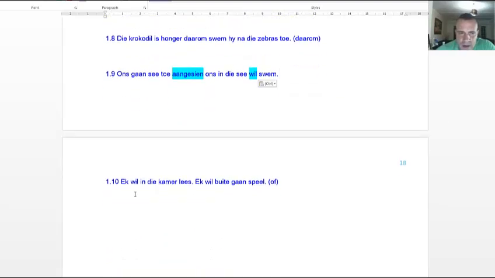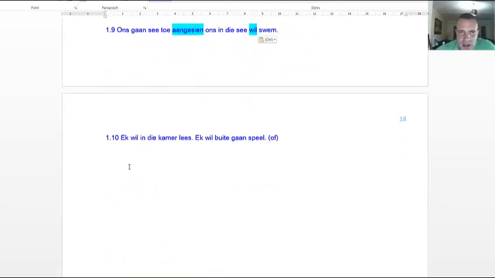Okay? Here's another one of those. Ek wil in die kamer lees. Let's make that sal, another helping verb. Okay? Ek sal buite gaan speel. So you put your off in there. Actually, this is the group 1 off, eh?